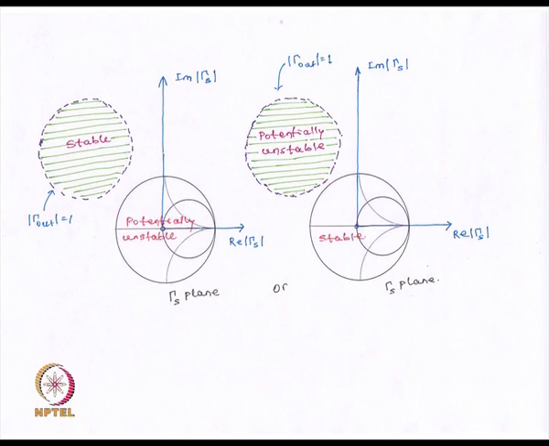Hence, if modulus of S22 is less than 1 and if our input stability circle and Smith chart have positions like this, then that means that all points within the Smith chart are stable. If modulus of S22 is greater than 1, then it means all points inside the Smith chart are potentially unstable.